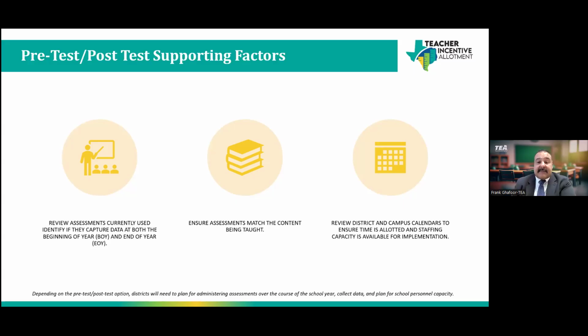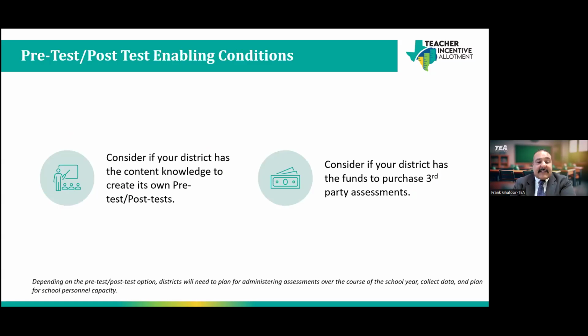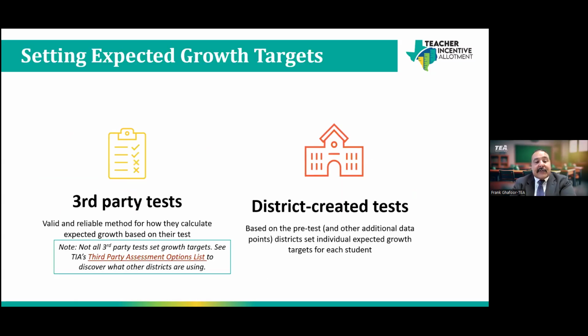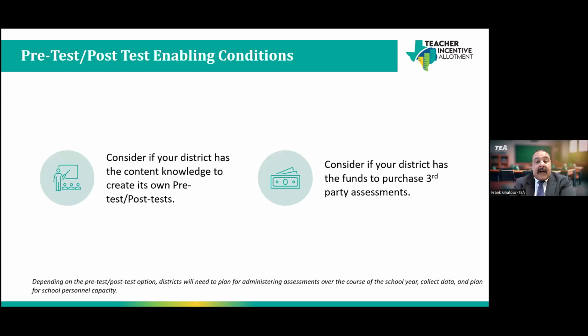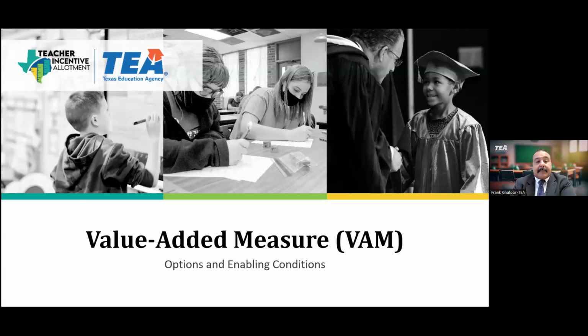We do have some issues sometimes, where districts say, hey, we didn't calendar a day to do a pretest based off of the system that we chose in our application. So making sure your calendars are in line so that you can implement immediately is going to be of much value for you right now when you're starting to plan. As you plan your pretest and post-test, again, go back to this slide and use our third-party assessment options list. It can be a great resource as you look through that and develop your system.